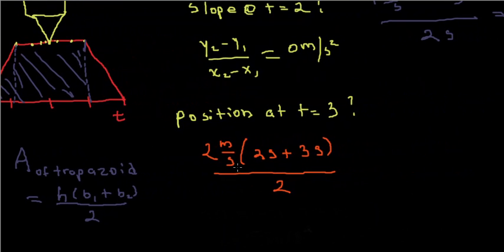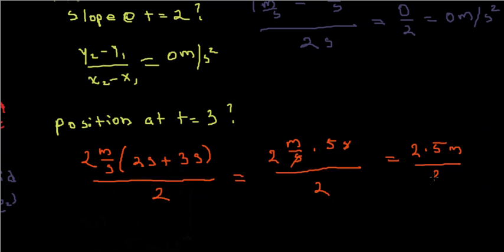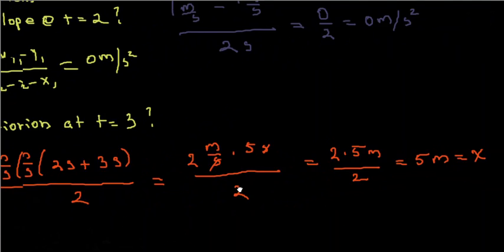And once we have this, we can cancel out all these. Let's simplify this so we can visually see all the units canceling. 2 meters per second, of course PEMDAS doing the parentheses first, times 5 seconds, and the seconds are going to cancel out, over 2, which is equal to 2 times 5 meters per 2, which is equal to 5 meters, and that is the position.